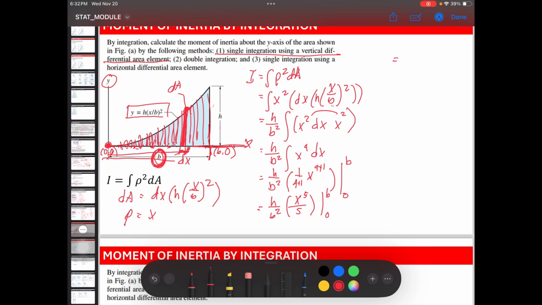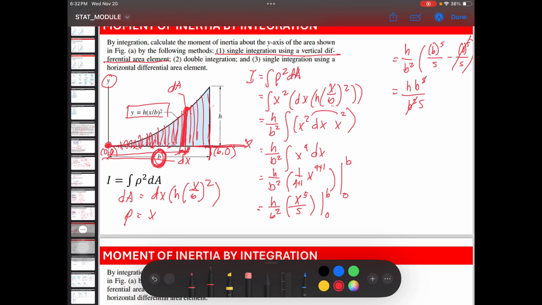Dito natin siya ituloy. So, our x is b muna. B raised to 5 over 5. Ay, minus 0. So, wala na to. So, h, b raised to 5 over b squared over 5.